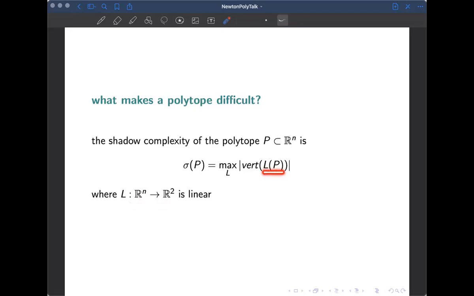This is L of P. Now we have a polytope in the plane, and we can measure the number of vertices of this polytope. And then we can choose the linear map L, the projection L, that maximizes the number of vertices. And this maximum is called the shadow complexity of the polytope. So this associates a natural number with every polytope, and it captures some aspect of the complexity of the polytope.